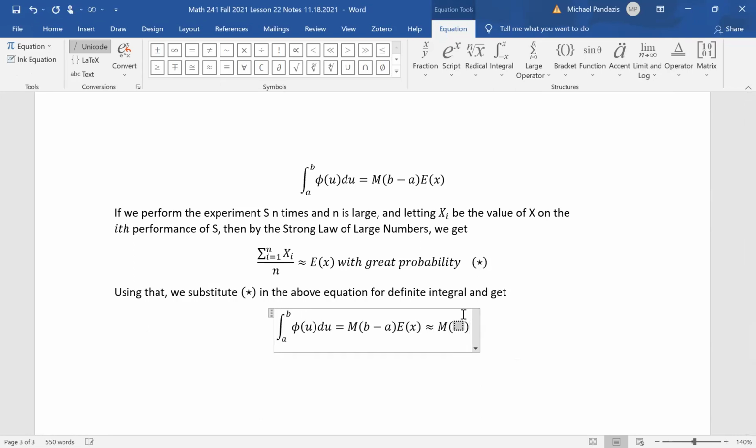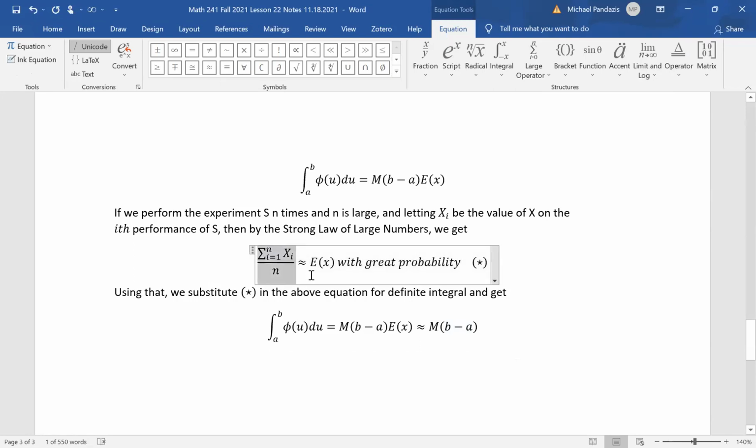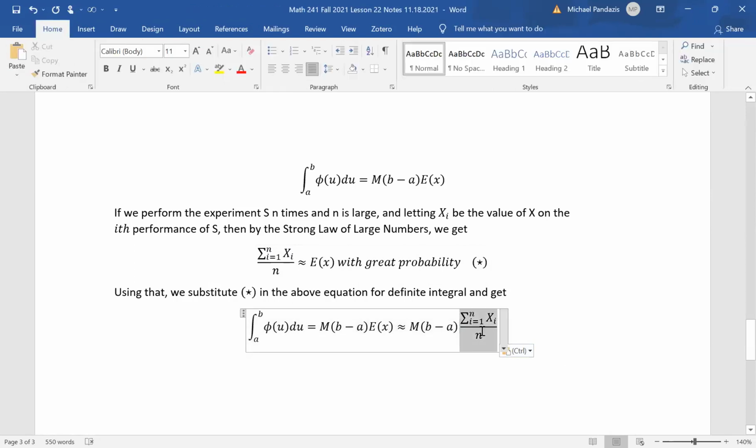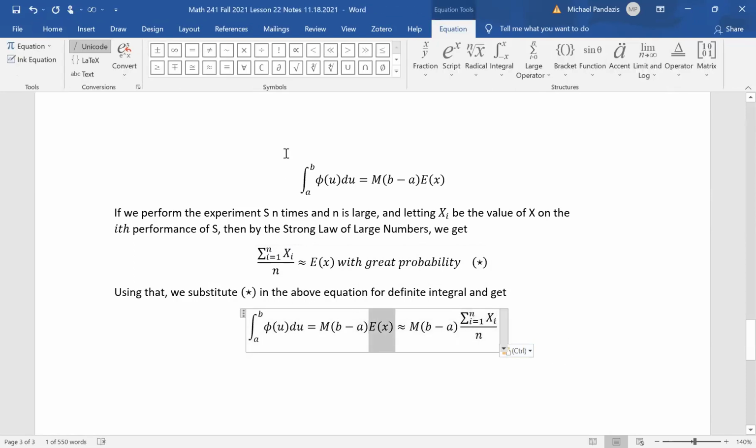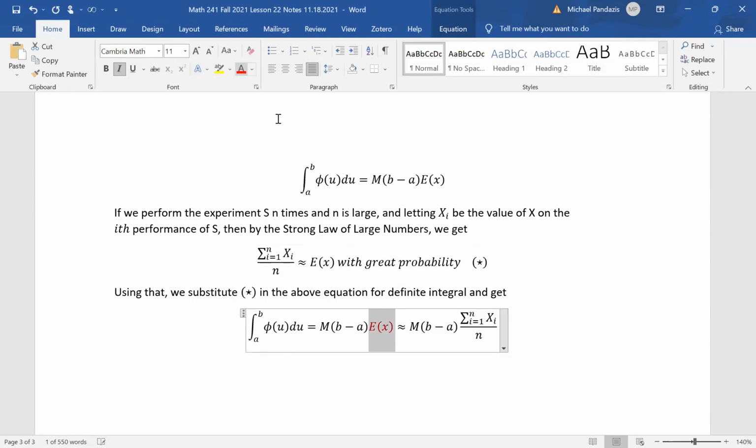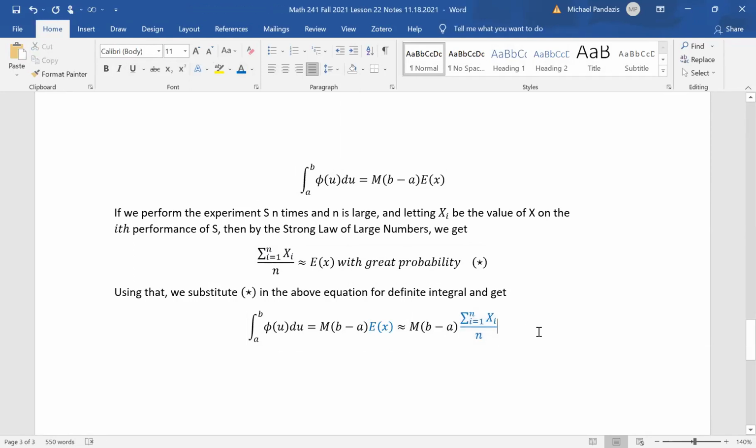capital M times (b minus a) times, well, now we're approximating E of X as the sum of possible values of X from i equals 1 to n, over n. So now we're approximating E of X. We're approximating this guy with this. And so that's why we now have this approximation symbol here, right?